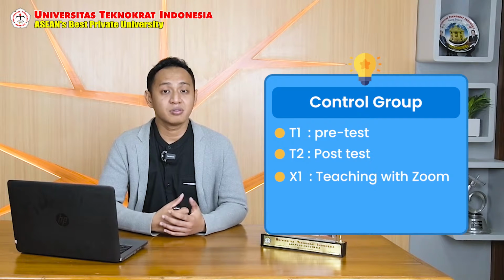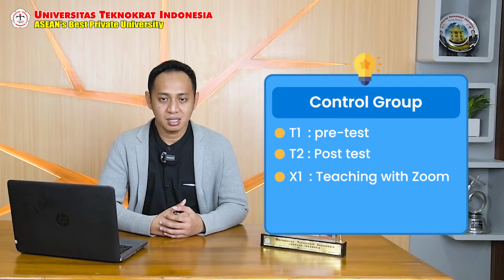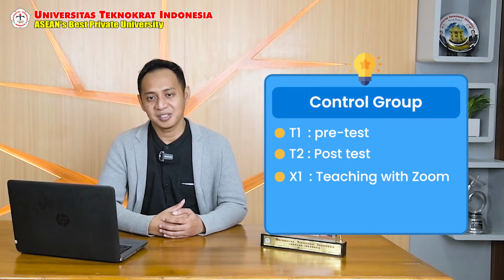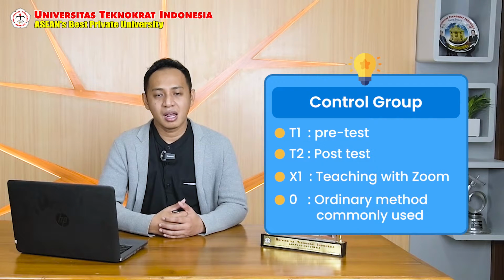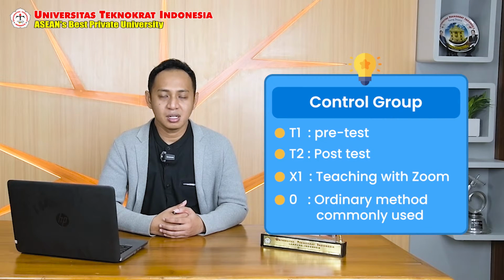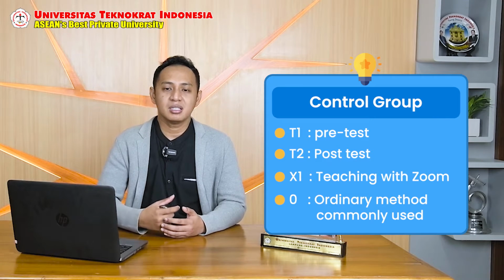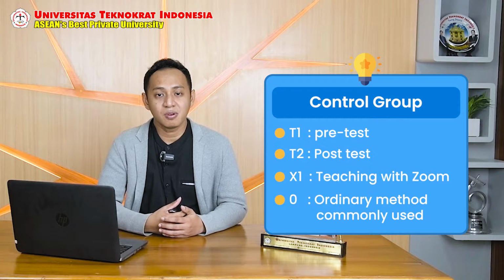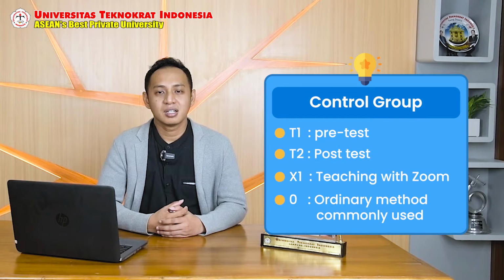X1 is a treatment in class A. It is teaching with Zoom presentation, for example. And O here does not necessarily mean zero treatment, but it is the ordinary method commonly used before the use of the treatment today.